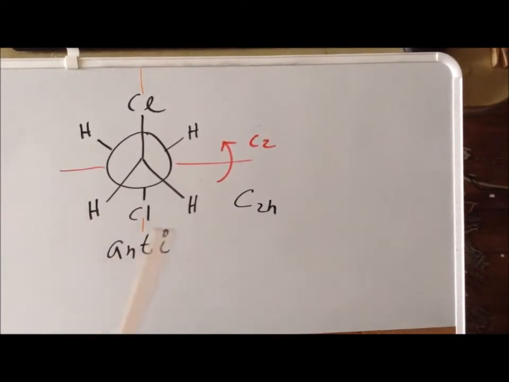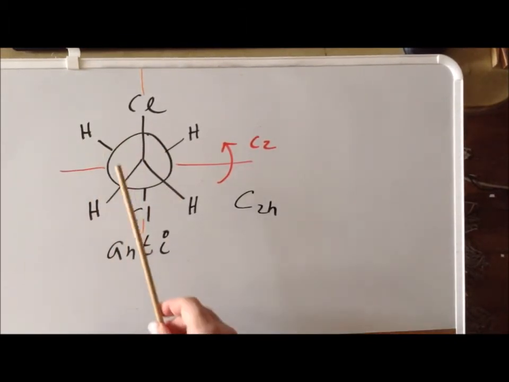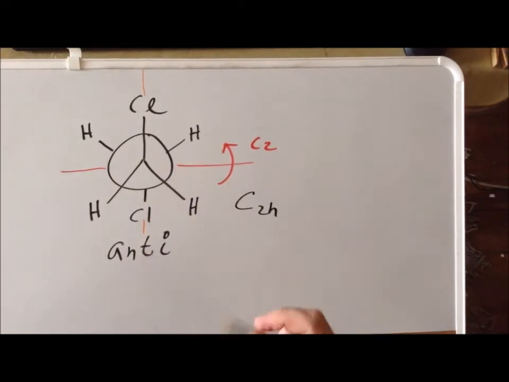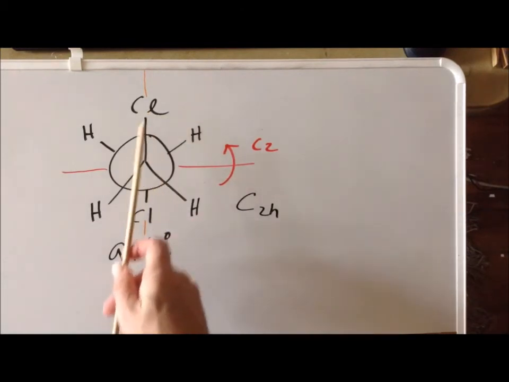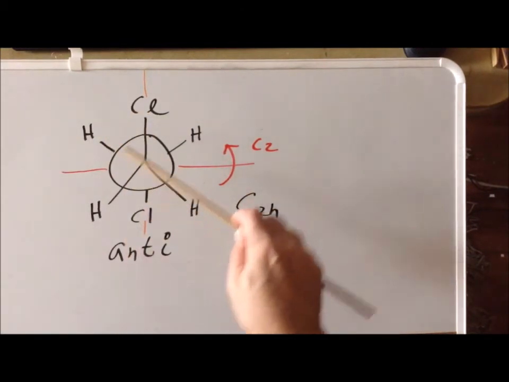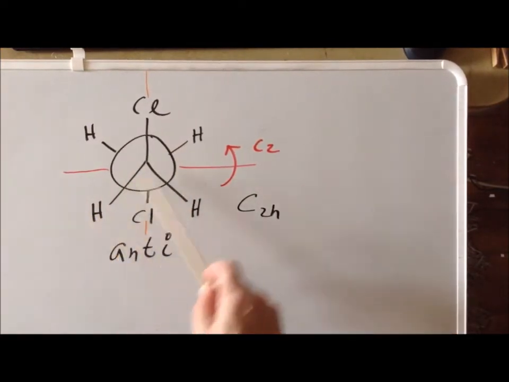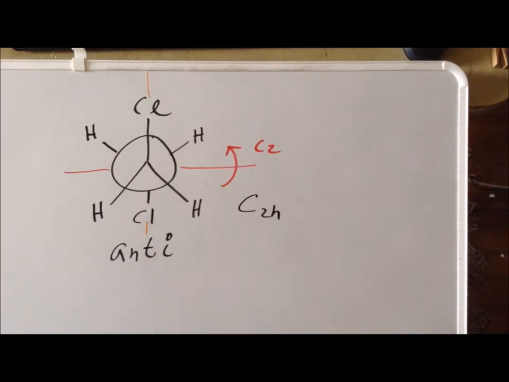It's hard to draw in this representation, but if I drew a line from the center of the molecule, which would be halfway between the two carbons, to this chlorine atom, the vector of the same length in the opposite direction would reach this chlorine. And the same for this hydrogen, it is the inverse of that one. So this molecule exhibits all four of the symmetry operations of the point group C2h.